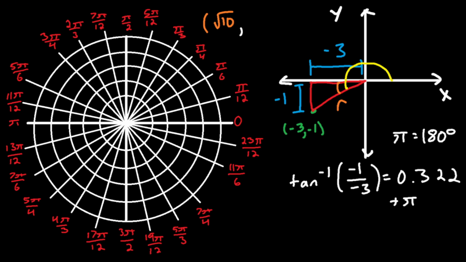Now we're adding pi in radians. So if we add pi to this, now you get 3.46 radians. So 3.46 radians is about right.